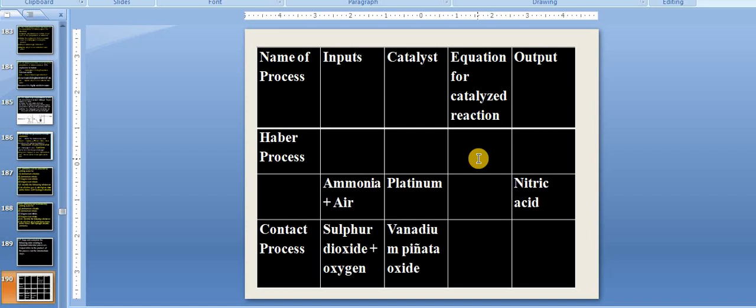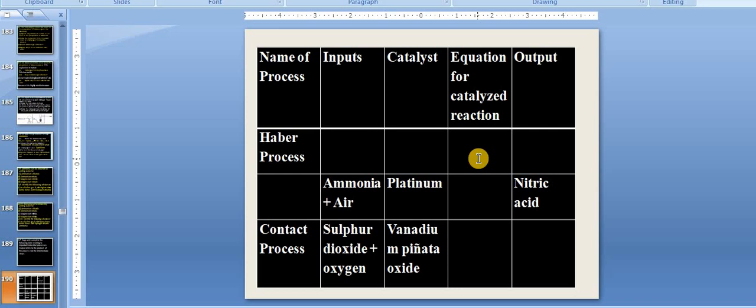Okay, now the next part is ammonia and air. Catalyst is platinum. We have to write the equation, and everyone knows nitric acid is made by the Ostwald process. So ammonia plus O2 gives NO and water. Please remember 4-5-4-6, the balancing method for this reaction.